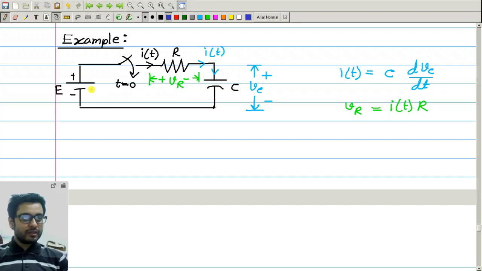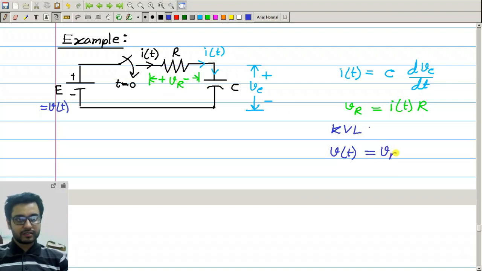Now using Kirchhoff's voltage law, I can write this voltage, call it Vt. So using Kirchhoff's voltage law, we can write Vt, this voltage, is equal to VR plus Vc. This is true for t greater than or equal to 0, after the switch is closed.